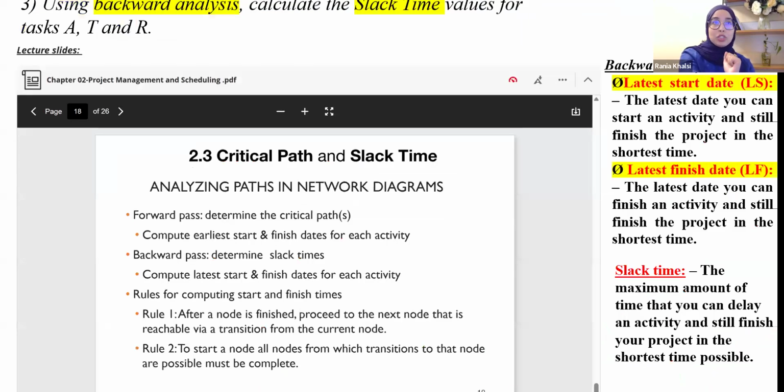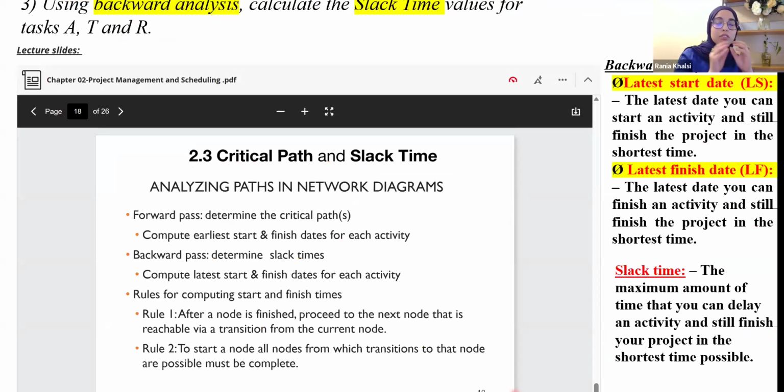Now, the next question is that we are going to use the backward analysis this time. We are done with the forward analysis, moving to the backward analysis in order to calculate the slack time values for tasks A, T, and R, okay?